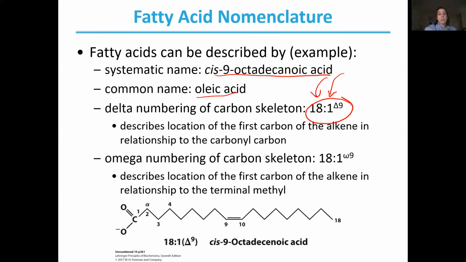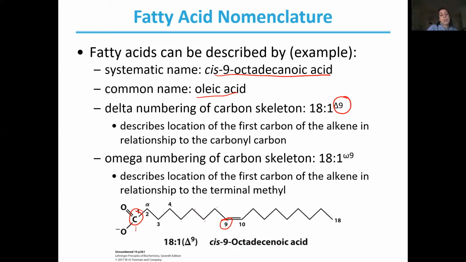Now, this third portion, where you see a delta 9, using the delta numbering system tells you the location of the double bond. And it tells you based on the location counting from the carbon that is part of the carbonyl. So if we start here and we count 1, 2, 3, 4, 5, 6, 7, 8, 9, the very first carbon that starts our double bond is the number that we use.